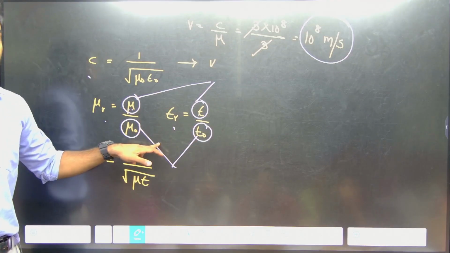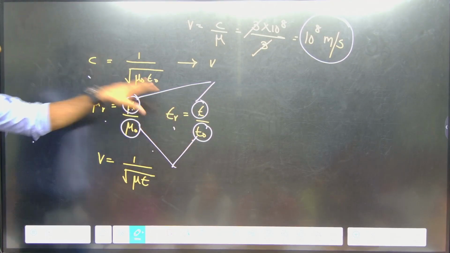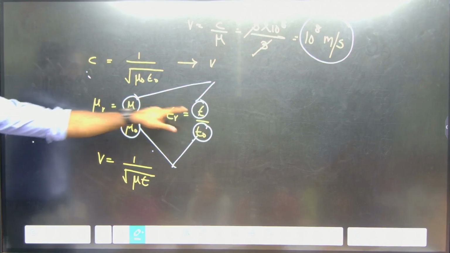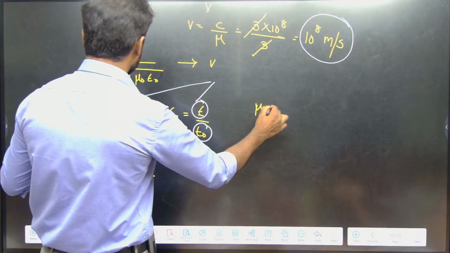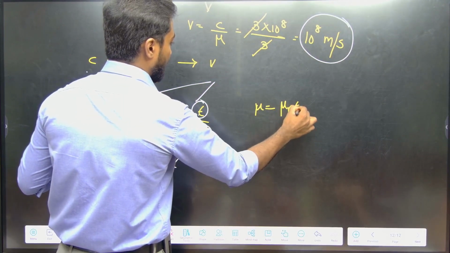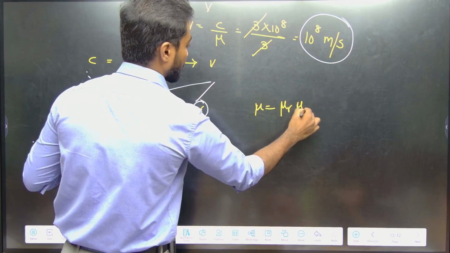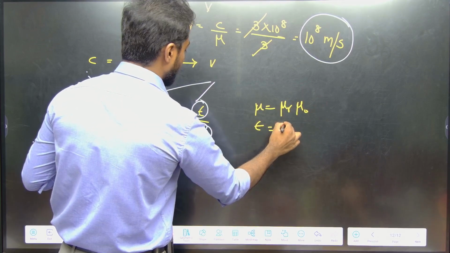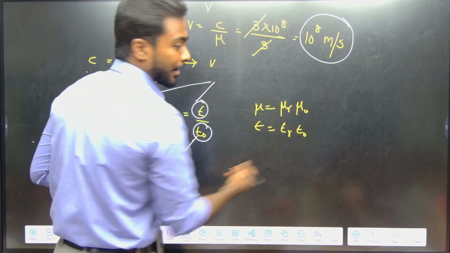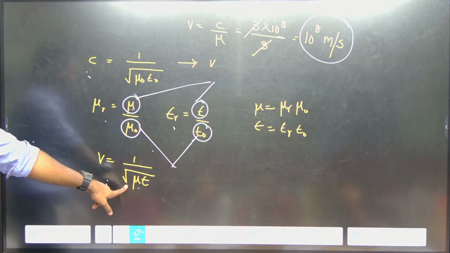For vacuum I have taken in terms of C, and for medium I have taken in terms of V, C and V. So from this I can express mu as mu r mu naught, and epsilon will be equal to epsilon r epsilon naught. So I can expand this, no?